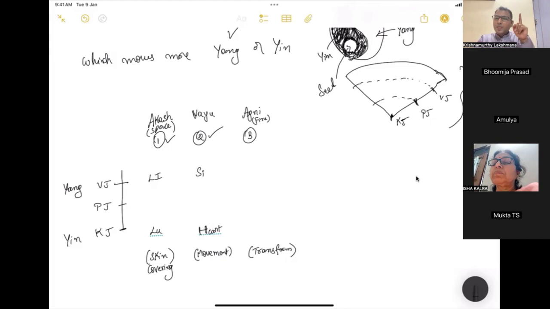In space, Akash, nothing happens. Akash, nothing happens. Vayu, nothing happens. Jal, nothing happens. Prithvi, nothing happens. Put your finger inside the fire and take it out. Something happens. A lot of things happen. Your finger changes. So, transformation. Agni is the only element which has the ability to transform.